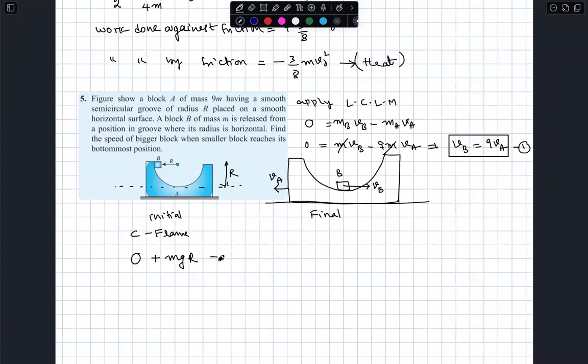Finally, half times the reduced mass, 9m by 10m times m, times V relative squared, which means VA plus VB, since they are in opposite directions. So V relative squared becomes VA plus VB squared. And there is no potential energy, because we take this as the zero potential energy reference.